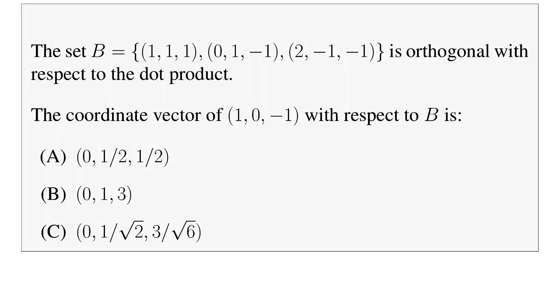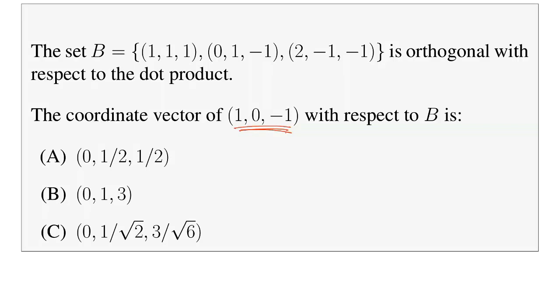We've got a vector, and we're trying to write the coordinate vector of that vector with respect to B. In other words, let's try and write this vector as a linear combination of the things in B. What are the coefficients?